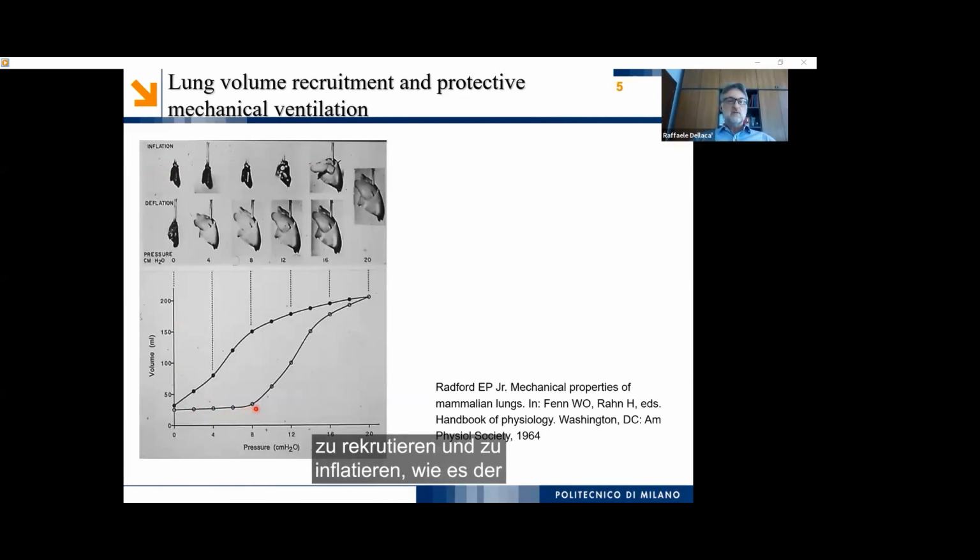that we can start to recruit alveolar units and inflate the lung, as shown by the steep increase of this curve. That means that when we start to increase pressure, for example, above 8 centimeters of water, we can start to see a marked increase in lung volumes.